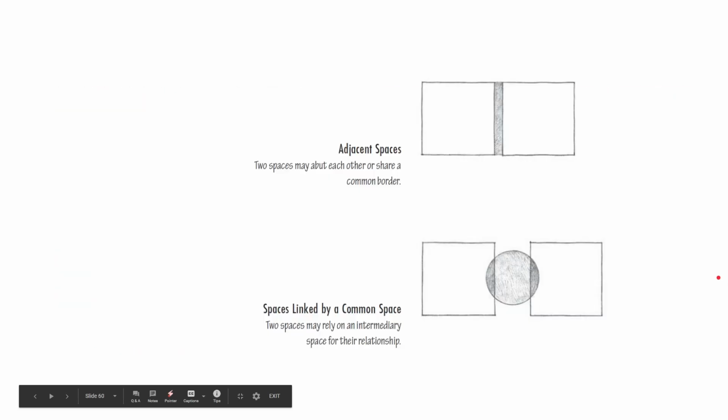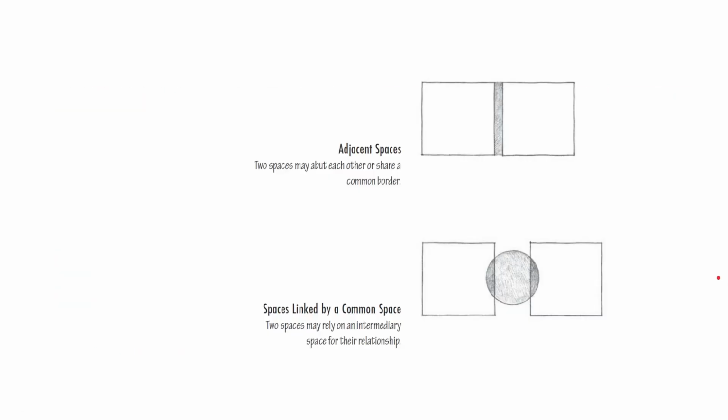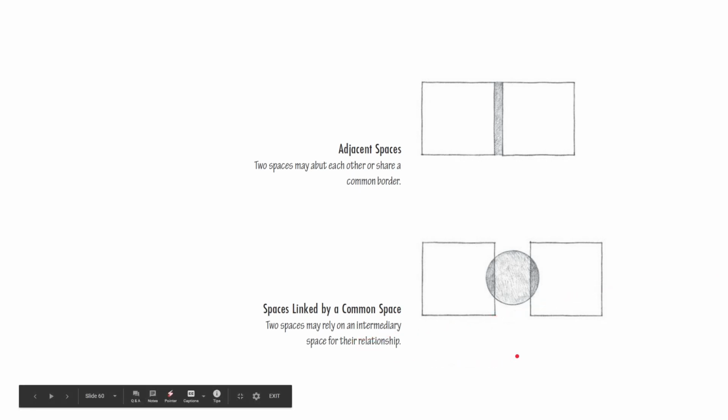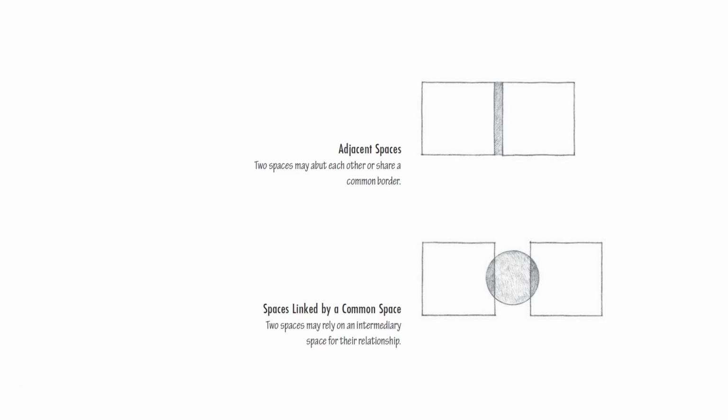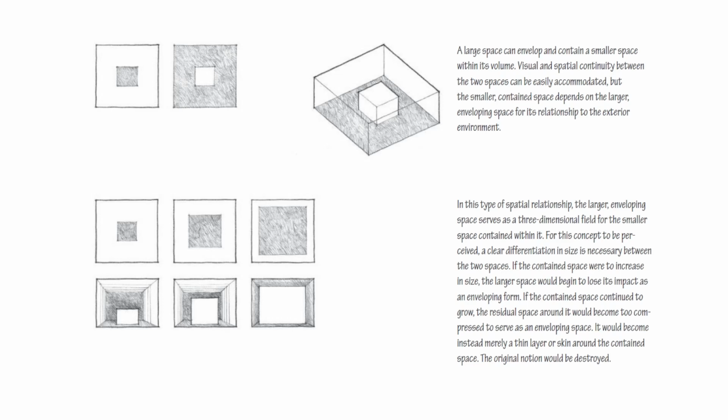So adjacent spaces: two spaces may abut each other or share a common border. Then spaces linked by a common space: two spaces may rely on an intermediary space for the relationship. A large space can contain a smaller space within its volume.